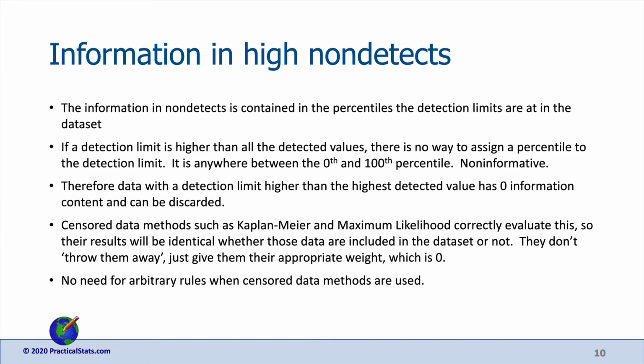The procedure will just see that those have no information, and so there's nothing there to use. They give them their appropriate weight of 0. You don't have to cull them out of the data set, which is nice. So if you use these good methods for censored data, there's no need for arbitrary rules about throwing away high non-detects.